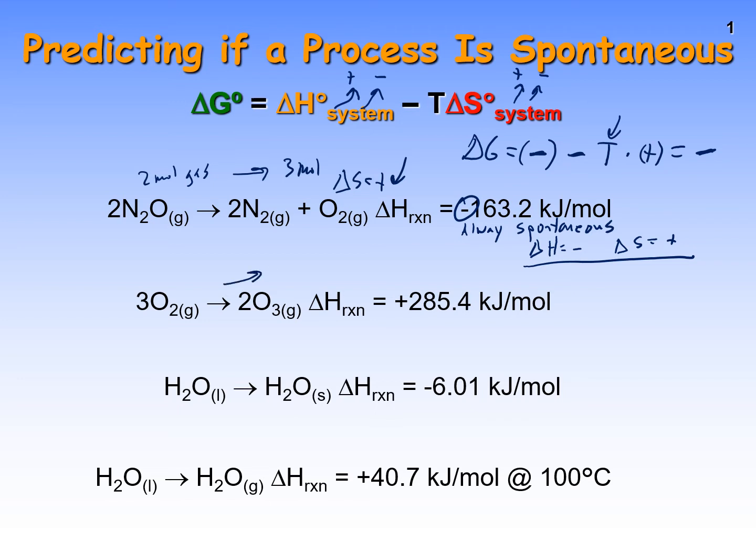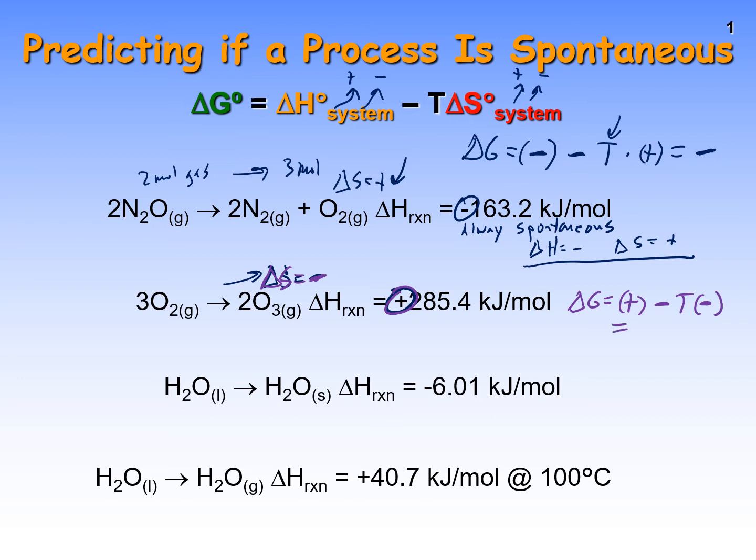In this system, our delta S is going to be negative, and we know that our delta H is positive. I'm going to change colors here. So delta H is positive, delta S is negative. What's going on here then? Well, if we look at that same equation, delta G is equal to now a positive value minus T delta S, which is now a negative value.